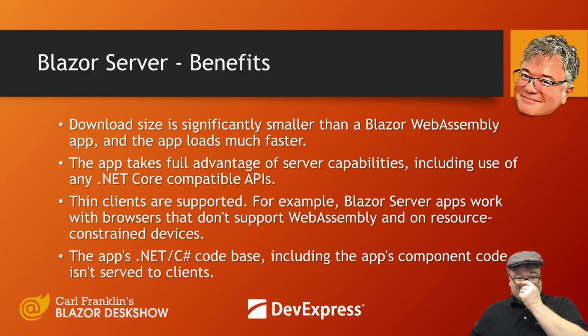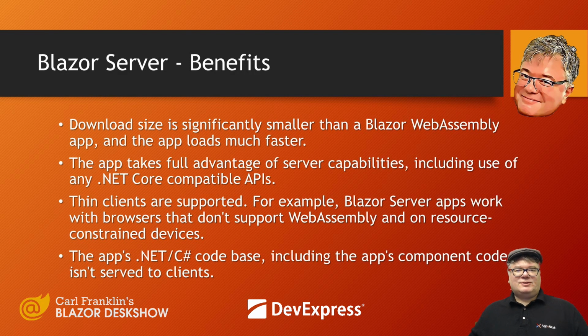All right, so let's talk about the upsides and downsides of this hosting model, Blazor server. On the plus side of the ledger, download size is small. It's smaller than if you were going to load a Blazor WebAssembly application. Loads fast, as you saw, 149K, boom, in our little sample.